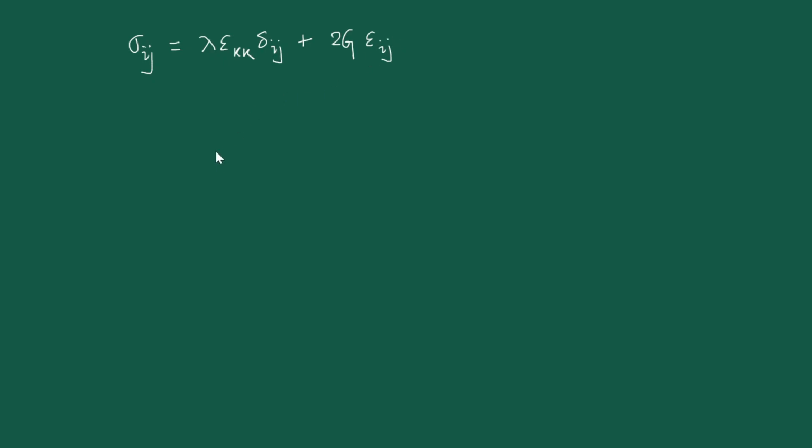So what is going on here? You notice first of all that this lambda and this g are what are referred to as the Lamé parameters. Basically these are two material constants.